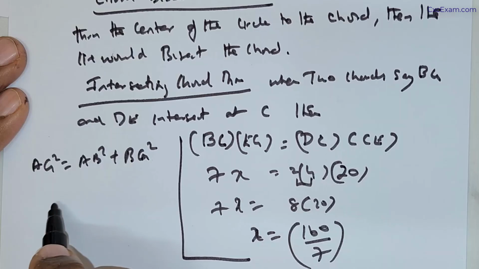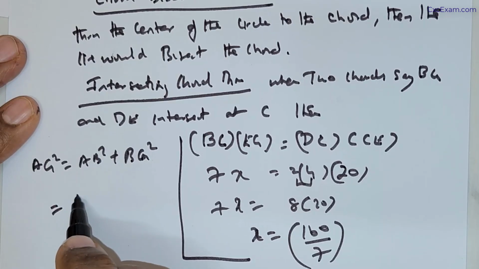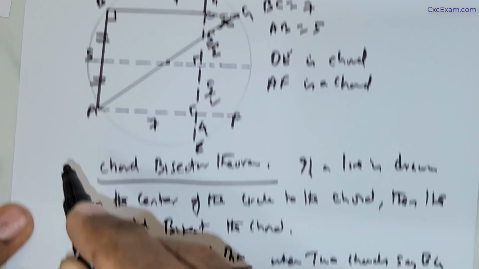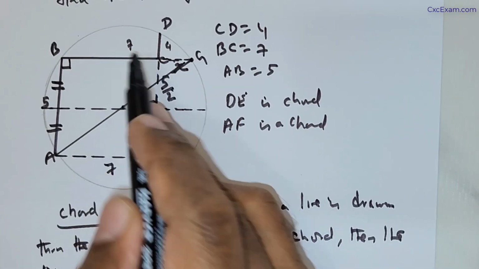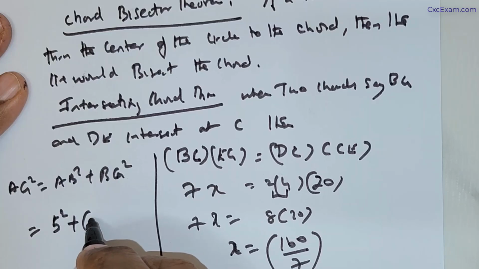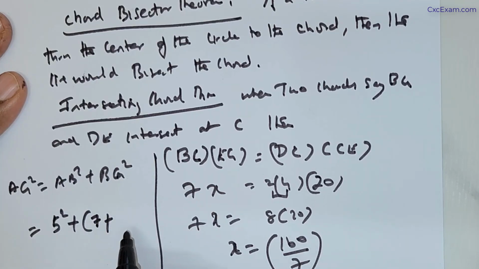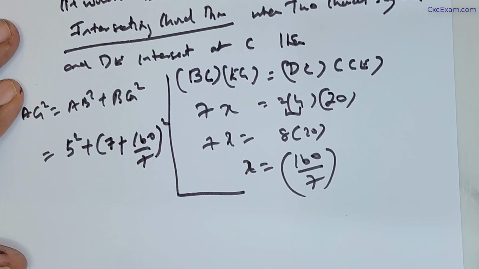Now AG squared is required, AB squared is 5 squared. This is 5 squared plus BG squared, which is 7 plus 160 over 7, this is the value squared.